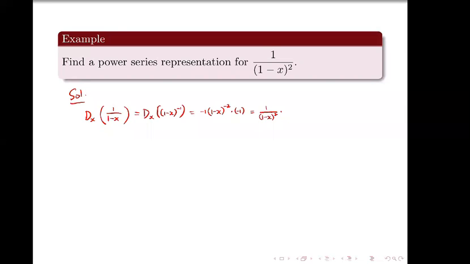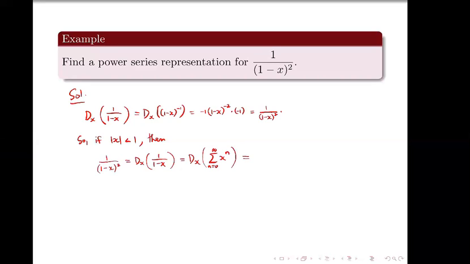So, if absolute value of x is less than 1, then 1 over 1 minus x quantity squared is just the derivative with respect to x of 1 over 1 minus x. But we know 1 over 1 minus x, we have a power series representation for that. It's the sum of x to the n running from 0 to plus infinity.